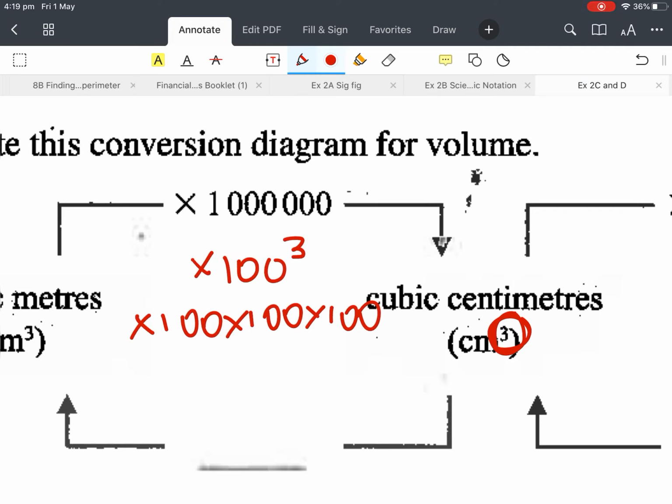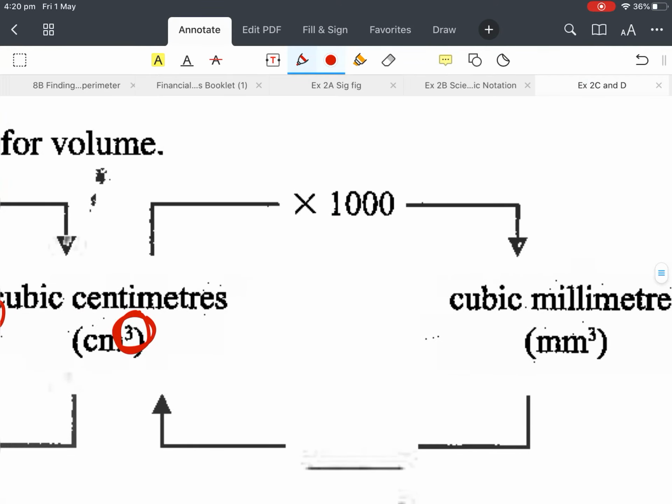How many zeros do I have? 1, 2, 3, 4, 5, 6. And you'll notice up here, I have 6 zeros. So to change volume units from metres to centimetres, we multiply by the length change, 100, but we cube it. Just in case you're wondering where those big numbers come from.